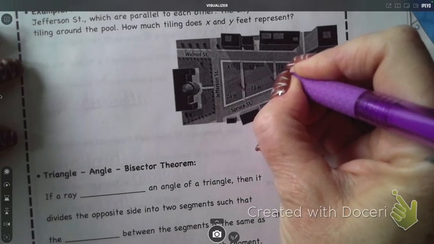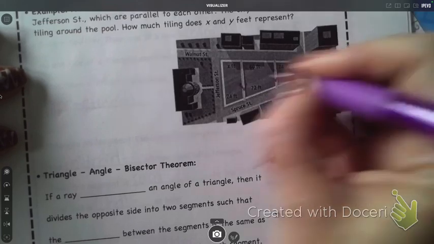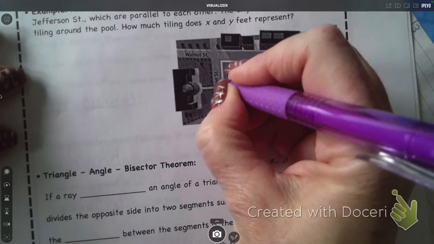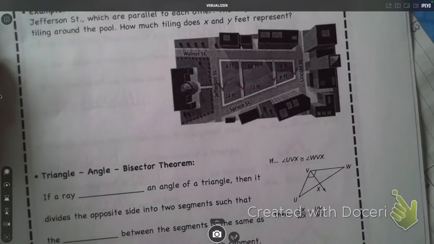Parallel. Jefferson Street, which are parallel to each other. The city wants to add additional tiling around the pool. How much tiling does X and Y feet represent?